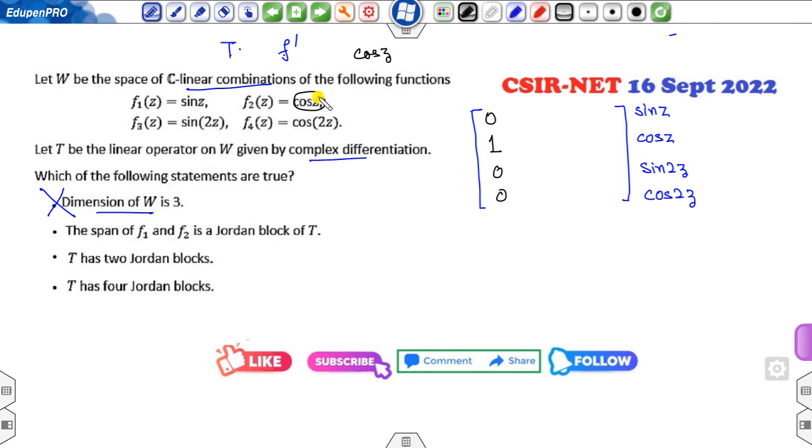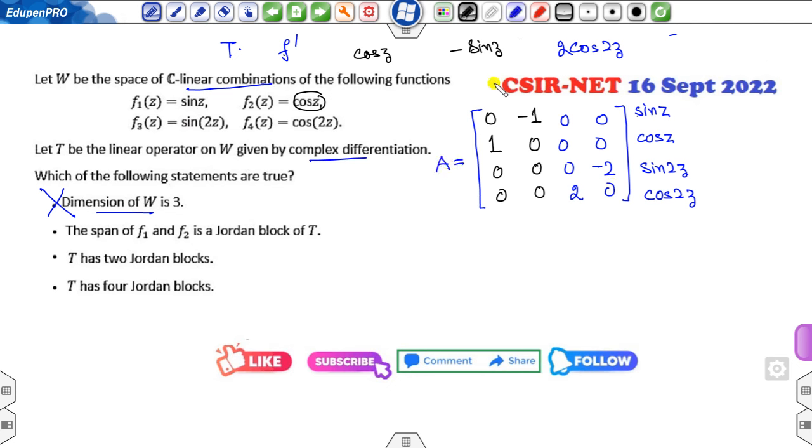The second element is cos; its derivative is minus sine, so the coefficient of sine is minus 1, the rest 0. The derivative of sin 2z is 2 cos 2z, so 2, the rest of the values are 0. For cos 2z, it will be minus 2 sin 2z, the rest of the values are 0. This is my matrix A.